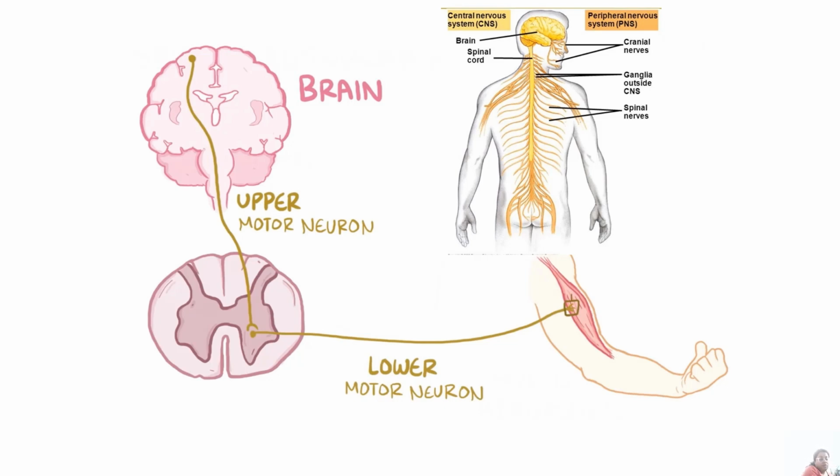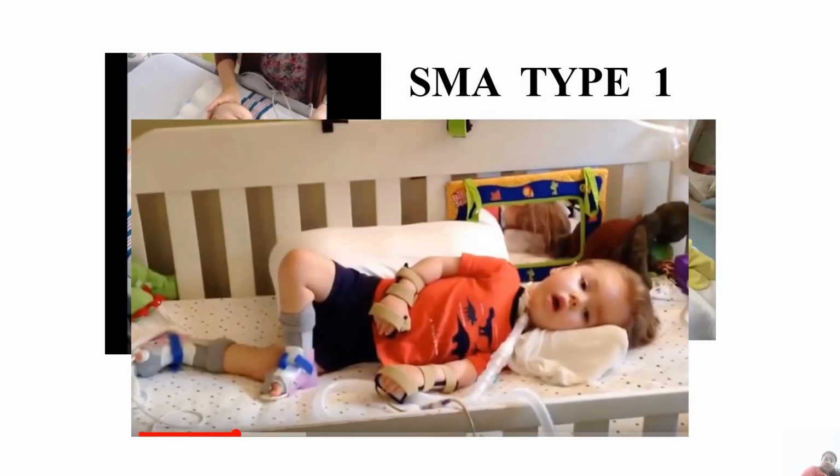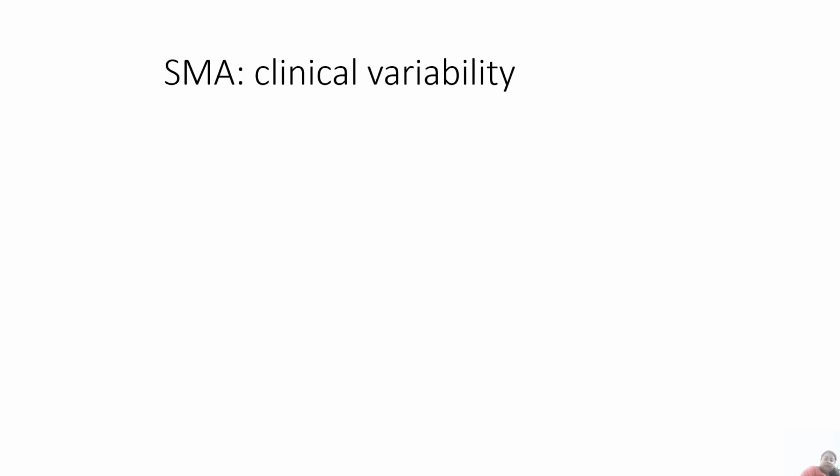Okay, so this is all about spinal muscular atrophy. Basically, it is an autosomal recessive disease affecting the lower motor neurons in the spinal cord and brainstem, resulting in progressive motor weakness and atrophy. This is type 1, type 2, and all of that.